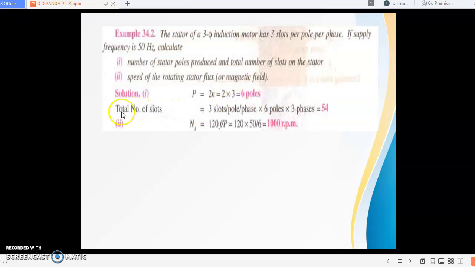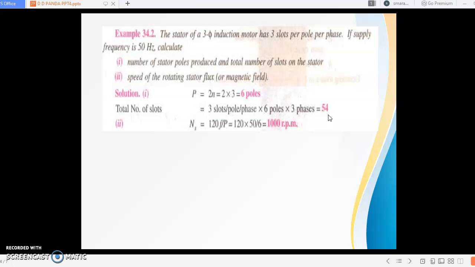And now total number of slots will be number of slots per pole per phase into number of poles into number of phases. We have 6 poles here, we have 3 phases here. So the total number of slots will be 3 into 6 into 3, which is nothing but 54, which is the total number of slots on the stator.